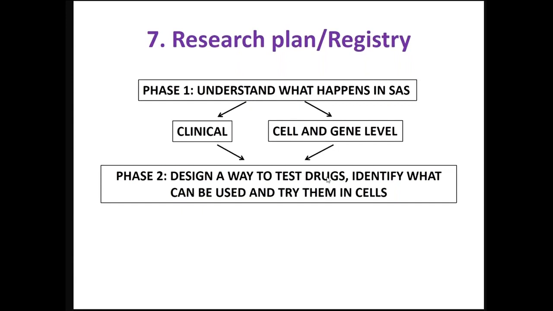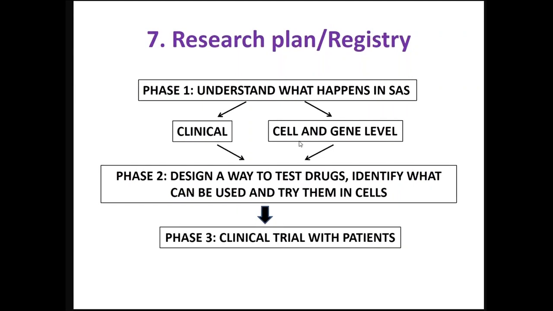And you can compare the before and after. If you don't have a baseline of what the abnormality is, then you won't know if a drug helped or not, basically, when you're trying to do testing on cells and whatnot. And then that eventually, hopefully, will lead to us identifying something that can be used in actual individuals.